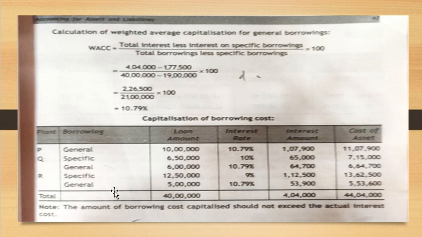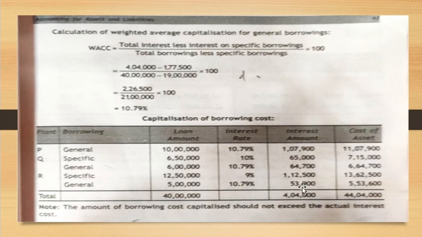So as per the note, the amount of borrowing cost capitalized should not exceed the actual interest cost. Your actual interest cost is 4,04,000, but the interest amount we get when we capitalize the general borrowing funds has 90 rupees excess.